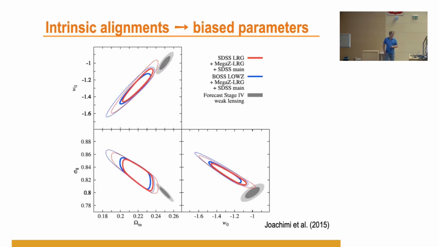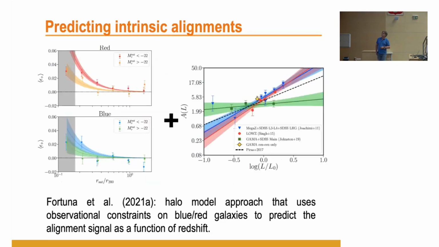And if we ignore them, just like the case for the baryon physics, we basically would end up with completely incorrect cosmological parameters. So again, the measurement of the lensing signal is fine, but the interpretation of the signal is complicated by not only AGN physics, but also by an even more fundamental question in galaxy formation, these tidal alignments.